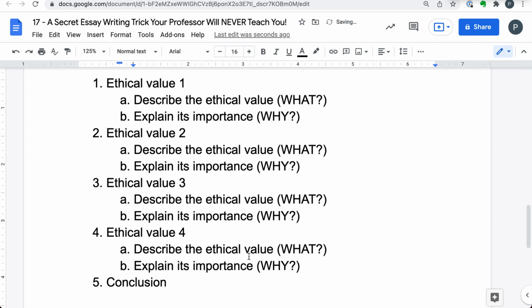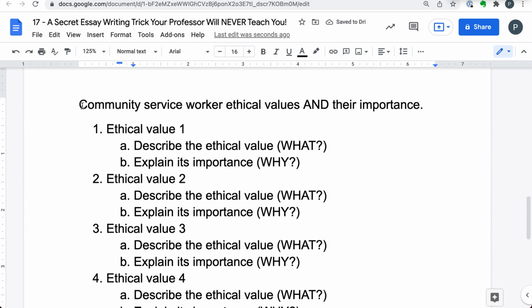Okay, that's it. So your thesis statement is going to be about these values. You say 6 ethical values exist for community service workers, or community service workers subscribe to 6 ethical values because of their importance.